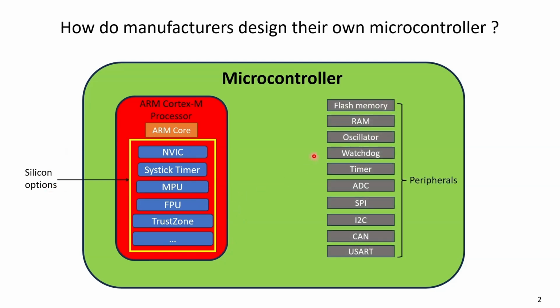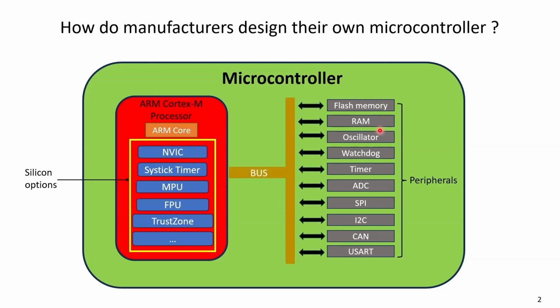Select the CPU combined with various peripherals. They add some peripherals like timers, flash memories, RAM memories, oscillator, watchdog timer, and some connectivity like SPI, I2C, CAN, etc. We call them peripherals. The microcontroller adds them to finish the design, and lastly the CPU connects with the peripherals via the system bus.